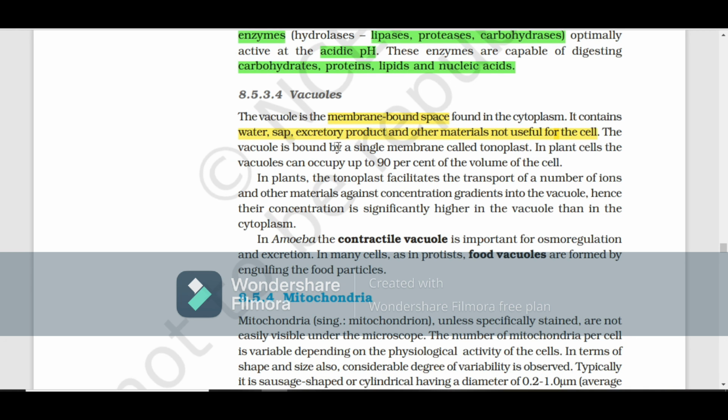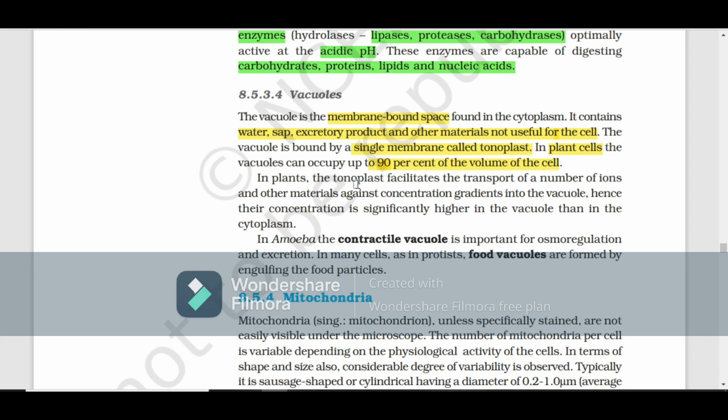The vacuole is bound by a single membrane called the tonoplast. Basically, the membrane of the vacuole is the tonoplast. In plant cells, the vacuoles can occupy up to 90% of the volume of the cell. I said this previously as well: 90% of the plant cell volume is occupied by the vacuoles.